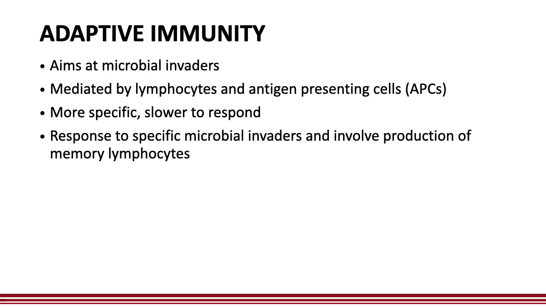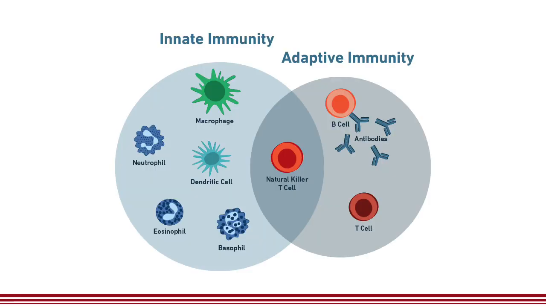The adaptive immunity is a response to specific microbial invaders and involves production of memory B cells. As you can see here, most of the types of WBCs fall under innate immunity, while B cells and T cells tend to fall under adaptive immunity.